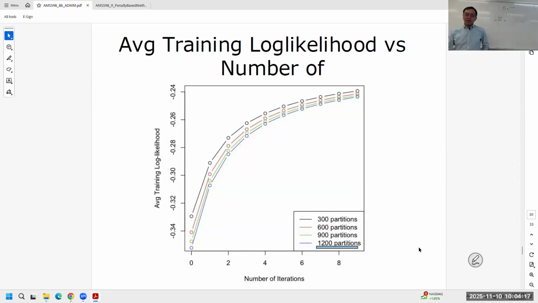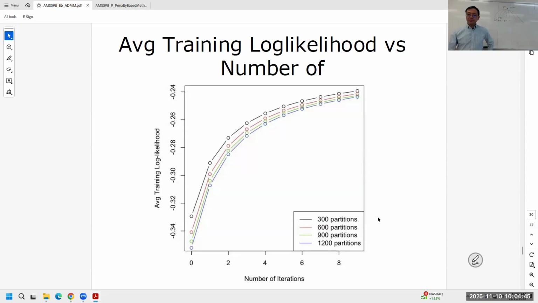Large partitions can make your program run faster. What this slide tells you is that by partitioning your data with many partitions, you lose a little bit on the log likelihood, but not so much. You can make up this difference by running more iterations.